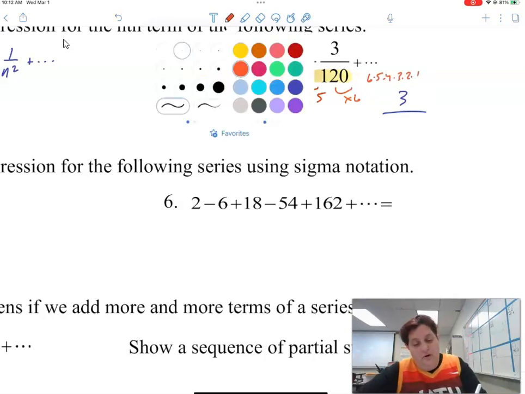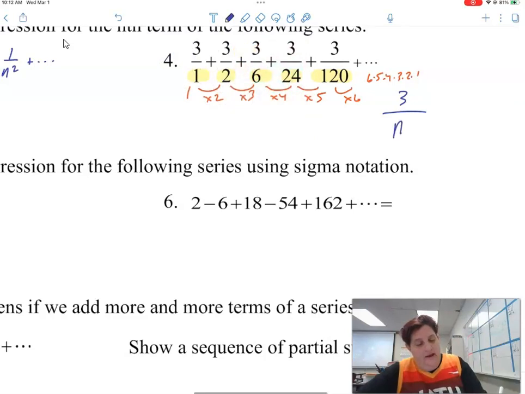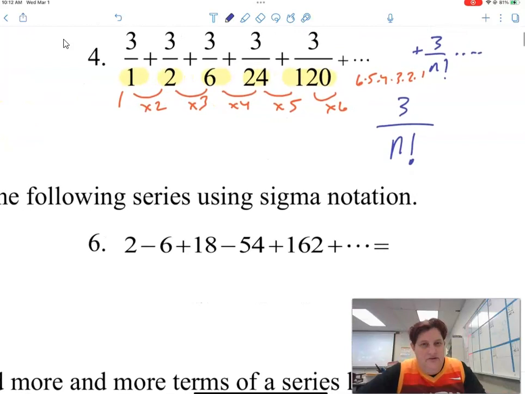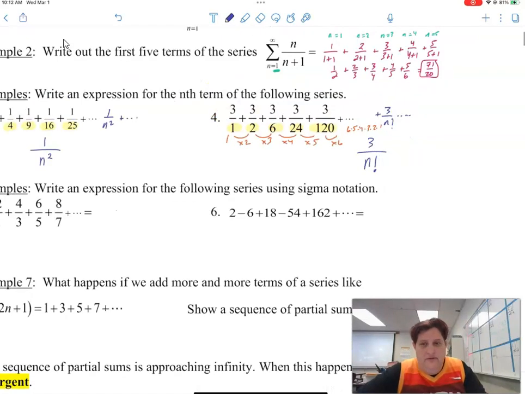So it's over n factorial. 1 factorial is 1, 2 factorial is 2, 3 factorial is 6. All right, and so this would go dot, dot, dot to 3 over n factorial, dot, dot, dot. Okay, sometimes it's kind of hard to see, but those numbers are ones you should recognize as factorial numbers.